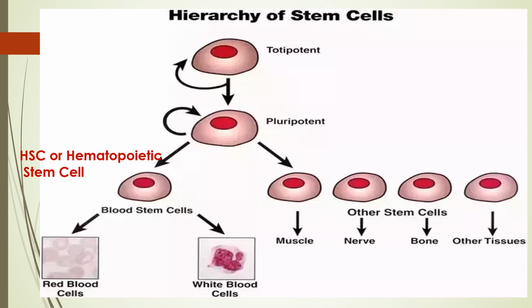These blood cells are basically formed in the bone marrow, which we will see in the next slide. The blood cells are red blood cells and white blood cells. As told to you previously, the white blood cells are of two types, granulocytes and agranulocytes. The granulocytes are the cells which have granules in their cytoplasm. The agranulocytes don't possess any granules in their cytoplasm.